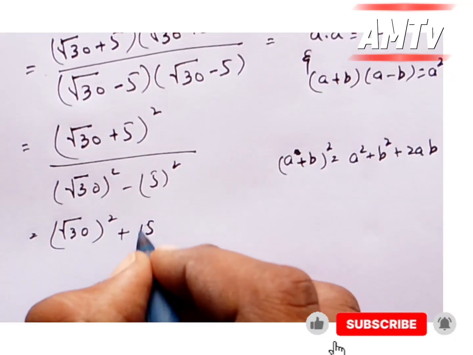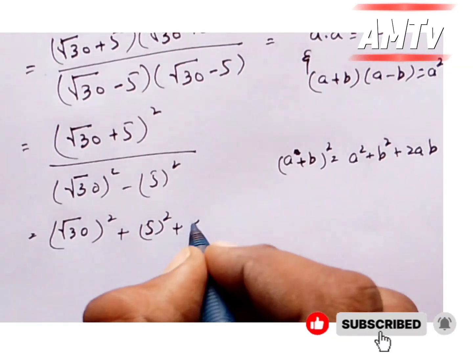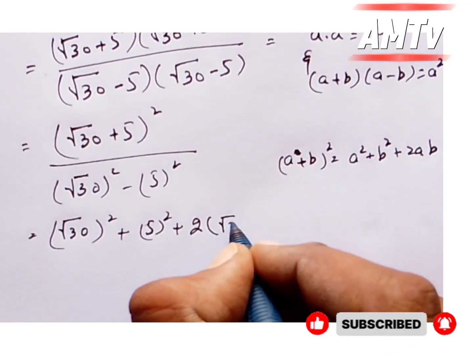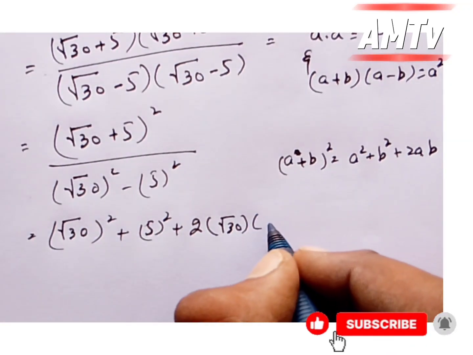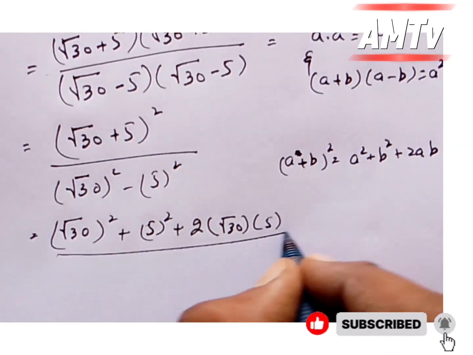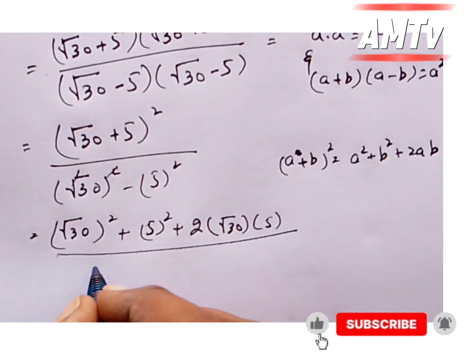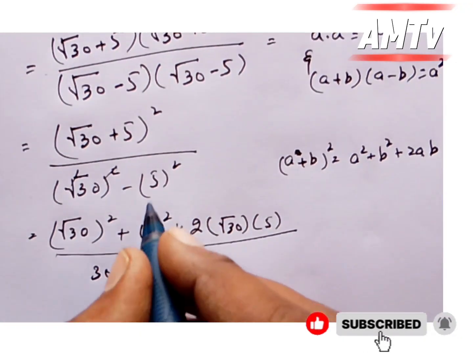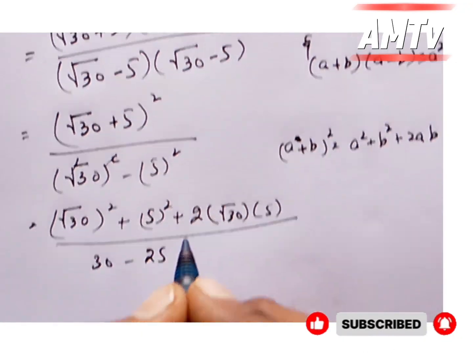plus 5 square plus 2 into root 30 into 5, all divided by 30 minus 5 square, which is 25.